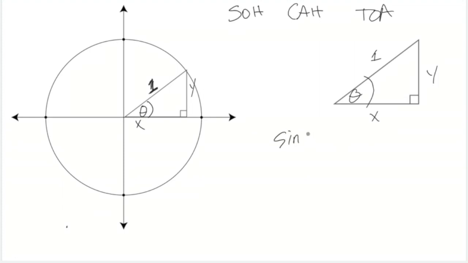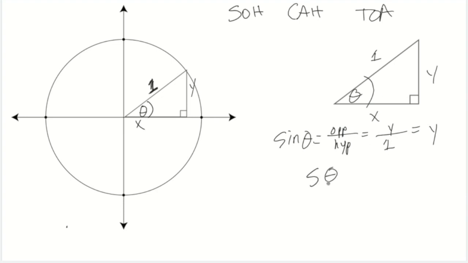So sine of theta equals opposite over hypotenuse. Well, in our triangle here, what does that equal? Well, opposite is just that there, so that would be y over hypotenuse, which is 1. So the sine of our angle here is actually just going to be y. So whatever our y value is, sine theta equals y.